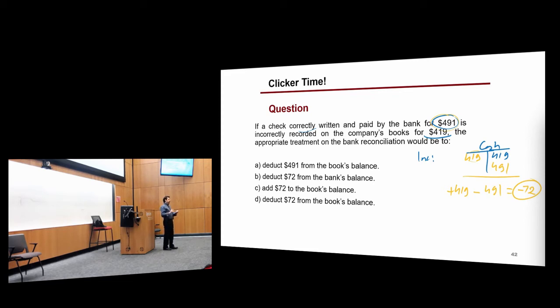Let's say that originally the balance of the cash, let's assume the cash balance unadjusted, was $1,000. You thought that you made the payment for 419.